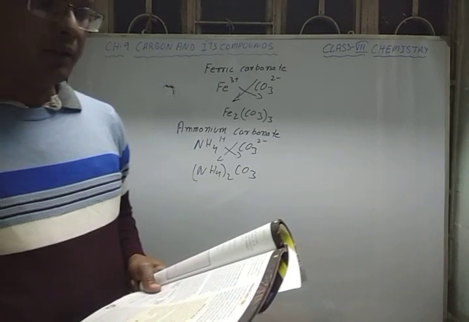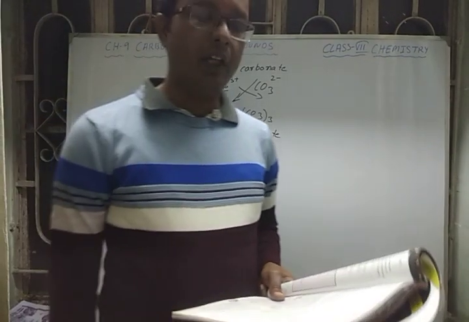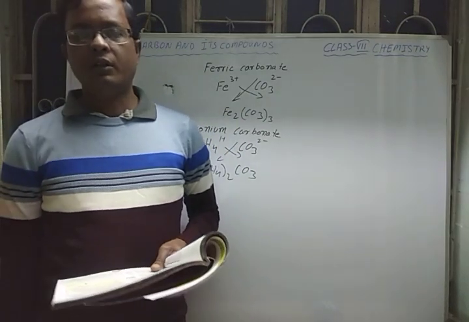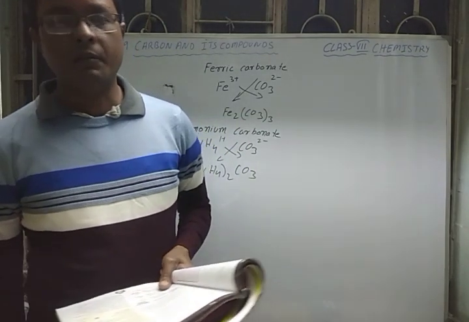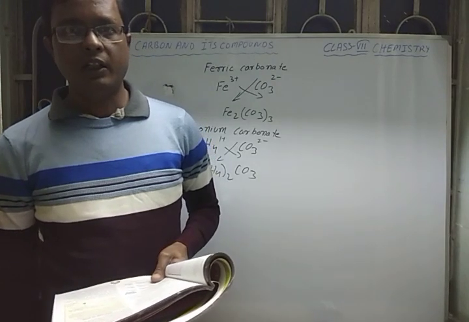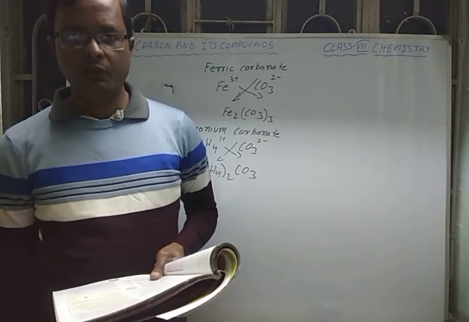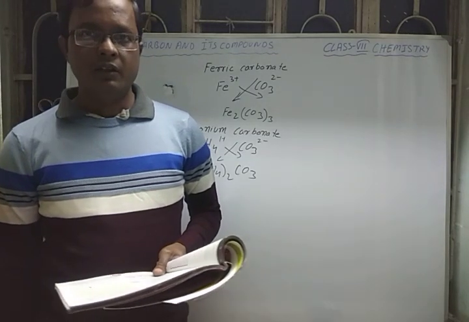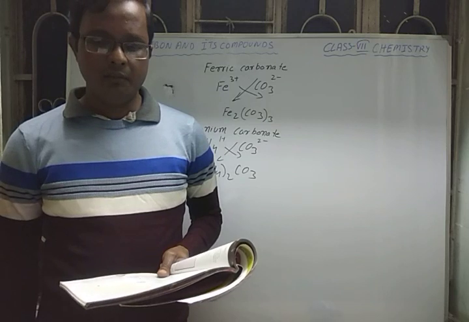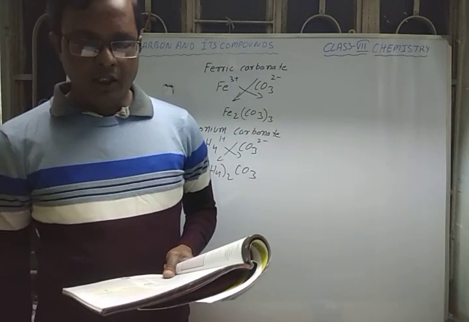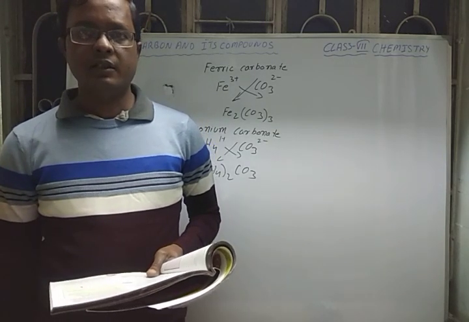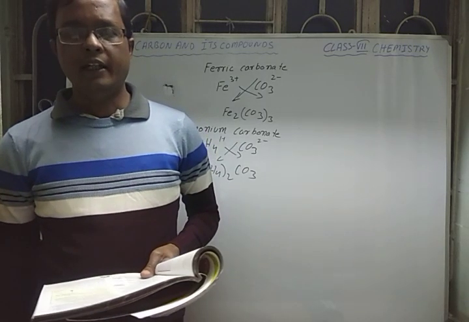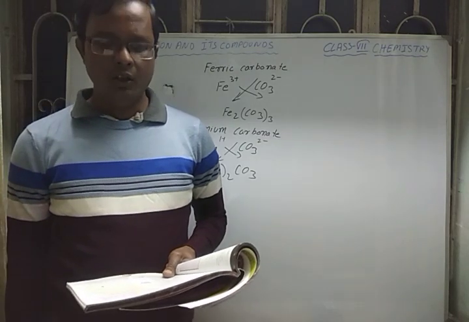So next is the periodic table. As you know, we have 118 elements with us. It is very tough to remember the names of the elements in a systematic way. So to remember the elements systematically, we have the modern periodic table. In this periodic table, as you know, there are 7 horizontal rows called periods and 18 vertical columns called groups.